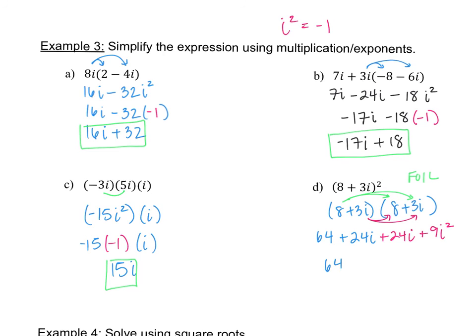So I'm going to bring down 64. 24 plus 24 gives me 48i. Bring down the positive 9 that's to the side. But remember, this is an i squared, so it's really a -1 that's next to it. So what I really have is 64 plus 48i minus 9.